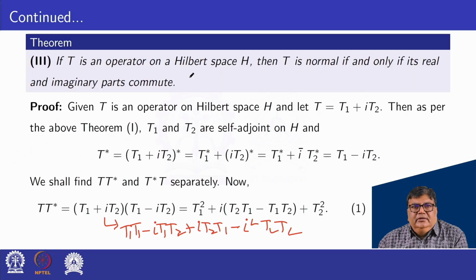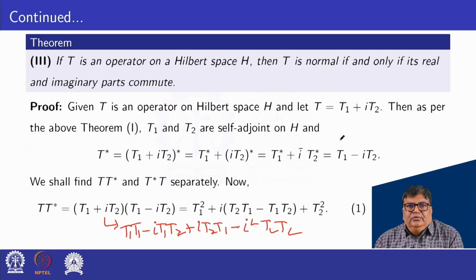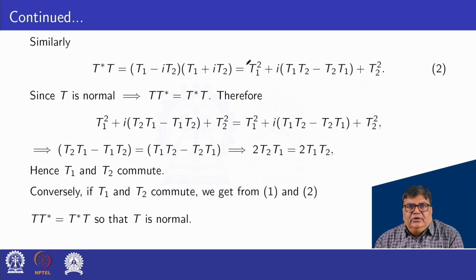Here given T is normal, so T T star is equal to T star T. Therefore, equations 1 and 2 are equal. So we have T1 square plus i into T2 T1 minus T1 T2 plus T2 square equal to T1 square plus i into T1 T2 minus T2 T1 plus T2 square.